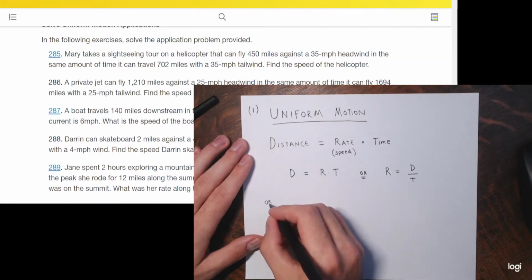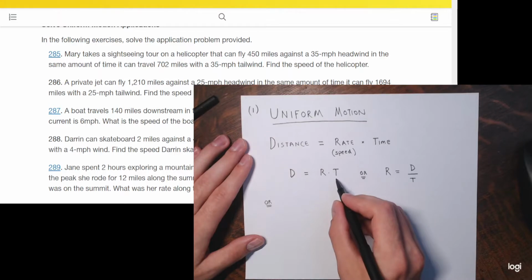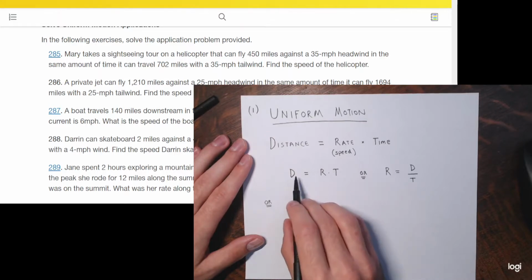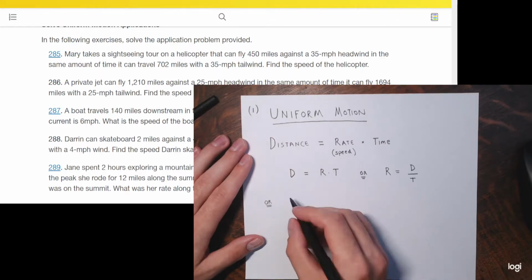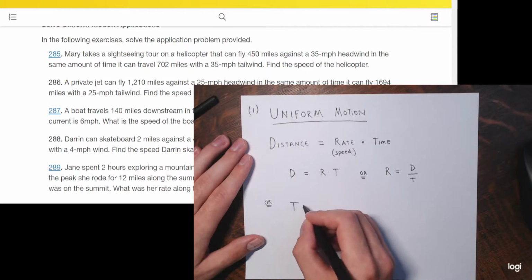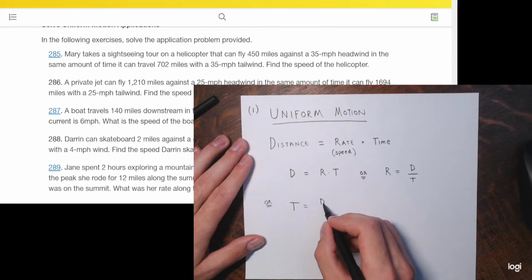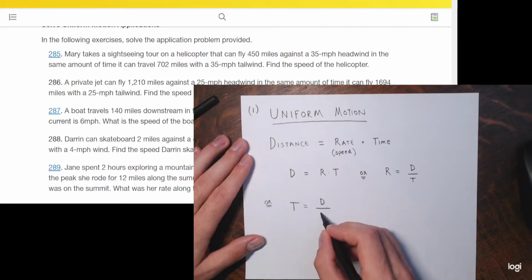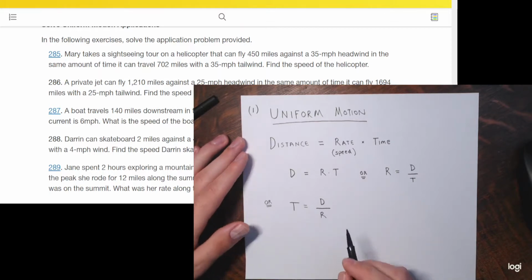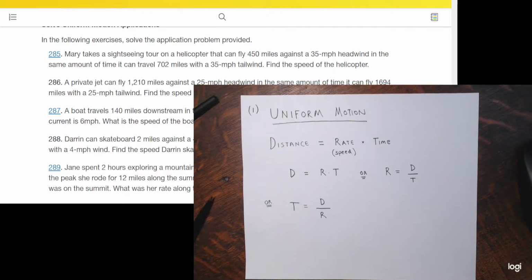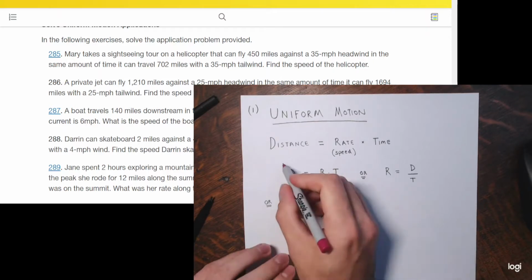Or we might have to solve for t. And if d equals r times t, then t would be equal to the distance divided by r, d divided by r. So any one of these is a valid formula.